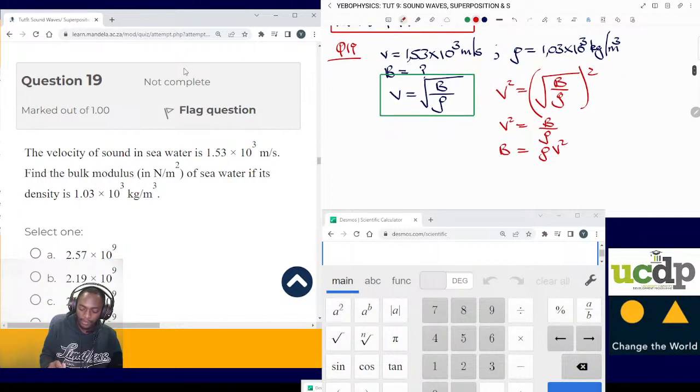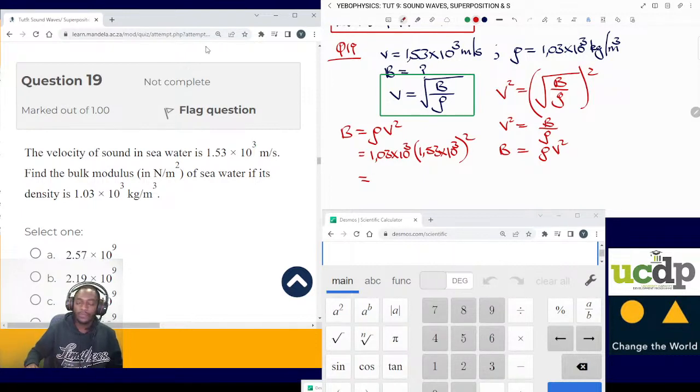So from here, what we need to do is to substitute, now that we know that B is equal to rho v squared. Rho is 1.03 times 10 to the power of 3, and our speed is 1.53 times 10 to the power of 3. And we should remember to square that. So what remains is for us to punch that. Okay, so I'm going to punch, this is 1.03.